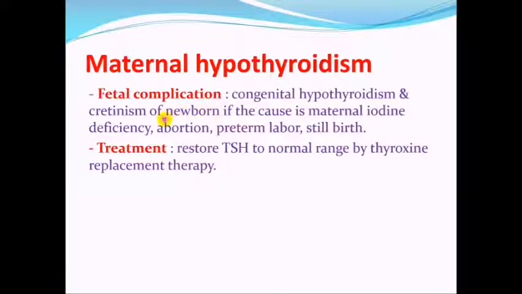In addition, the patient may have an abortion or preterm labor and even stillbirth. The treatment of maternal hypothyroidism is mainly by restoring the thyroid-stimulating hormone to the normal range by thyroxine replacement therapy, that's to say by giving thyroxine in a dose of 50 to 100 or even more than 100 micrograms per day.